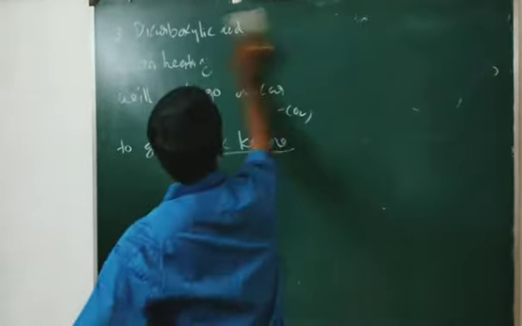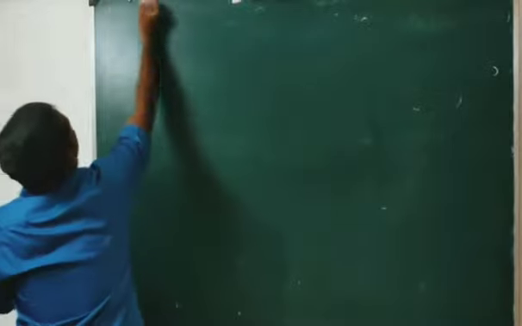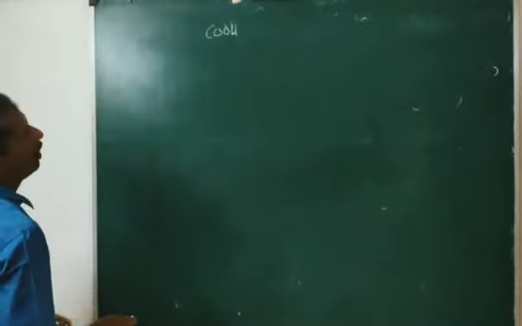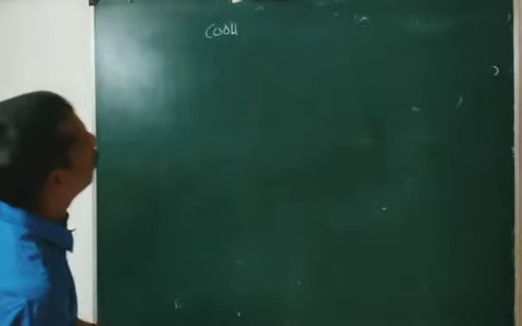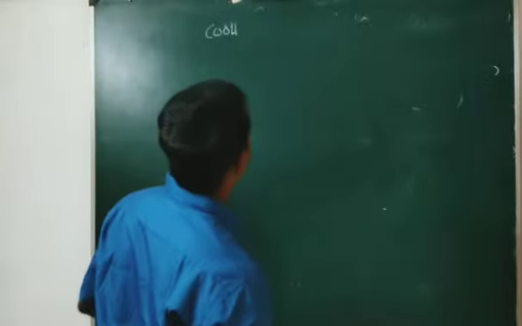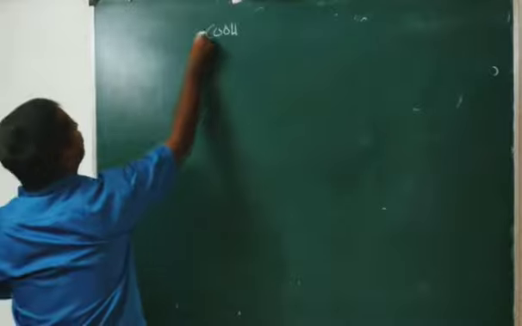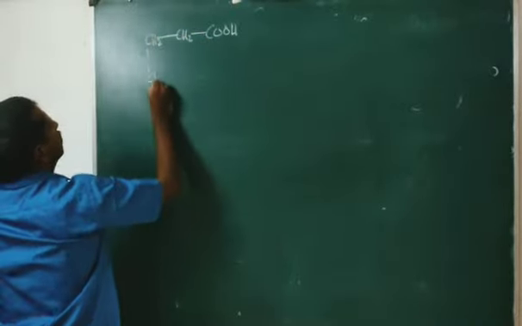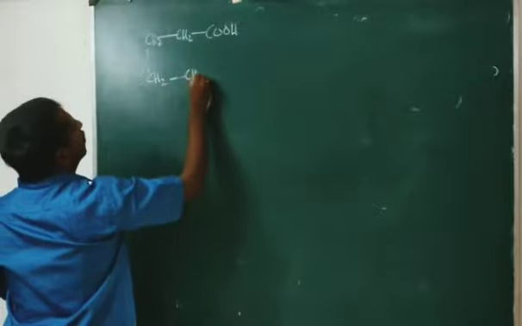This is the third rule, that means dicarboxylic acid containing 3 or 4 intervening carbon atoms. So look at it here, COOH, CH2, CH2, CH2, CH2, COOH.